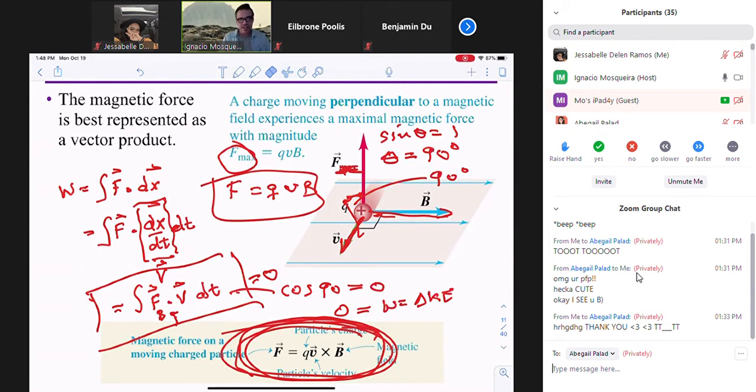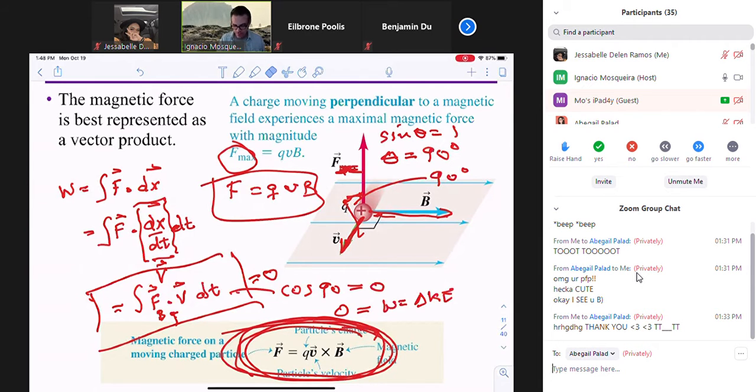So that means my definition for work, instead of F dot dx, I can say F dot v times dt. Now I'm dotting the force into the velocity.